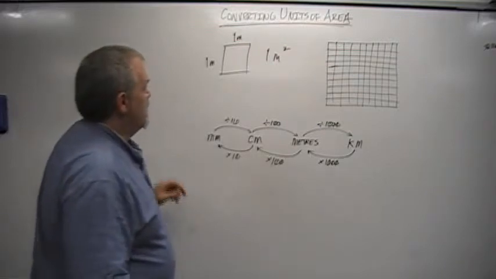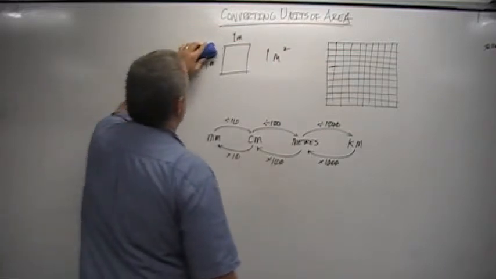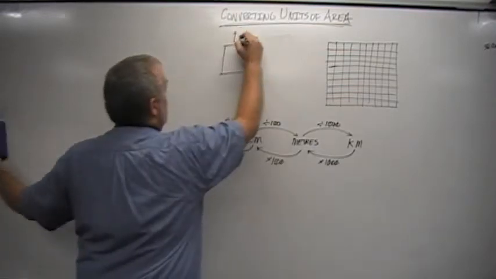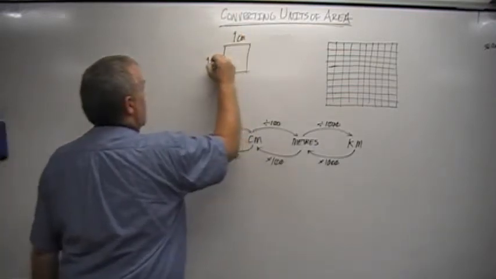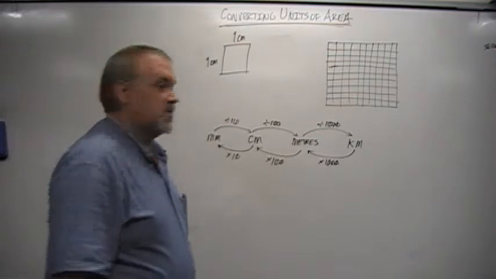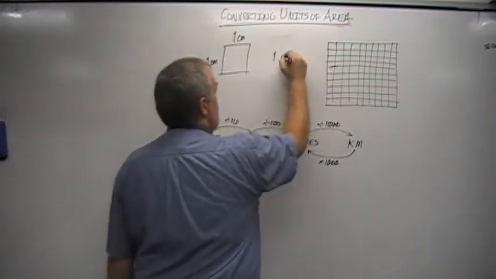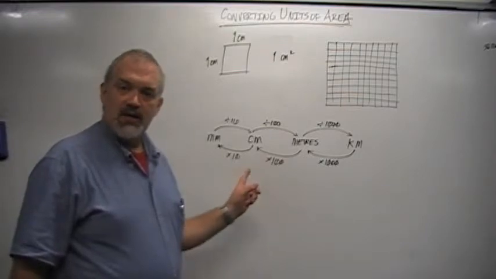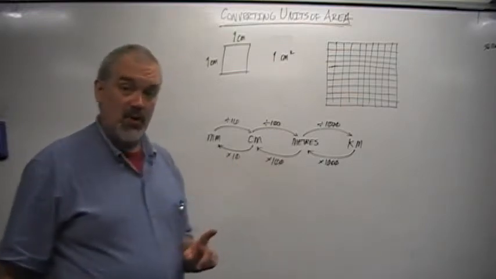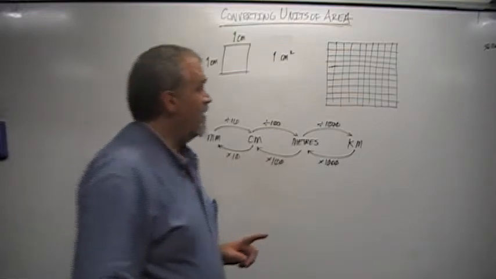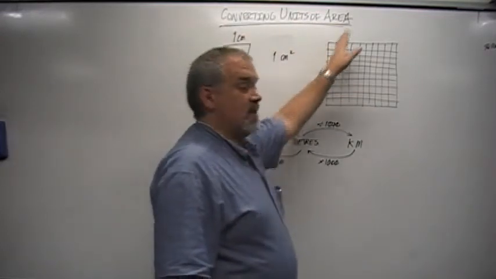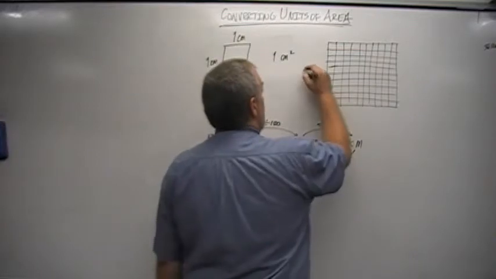Let's assume, for the sake of discussion, that this is 1 centimeter, which is equal to 1 centimeter squared. If I want to turn it into millimeters, I don't multiply by 10. Rather, let's assume I'm blowing that up from 1 centimeter.